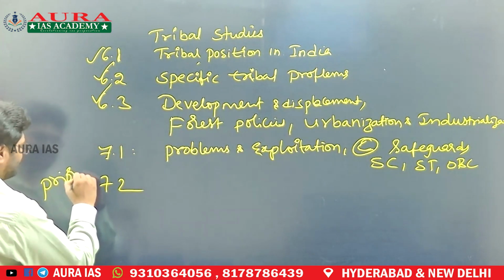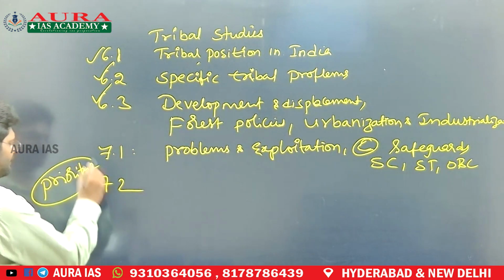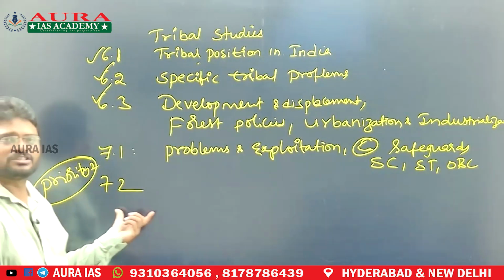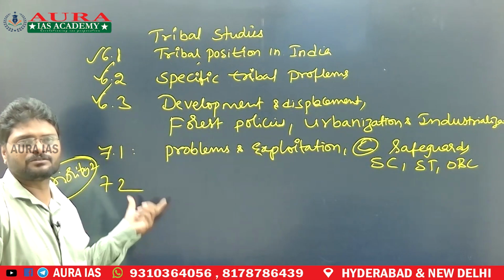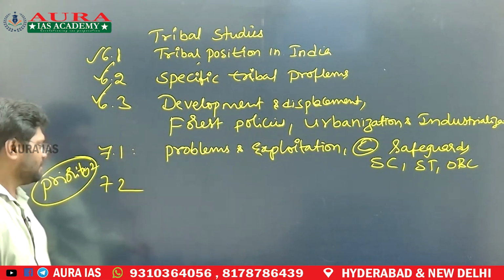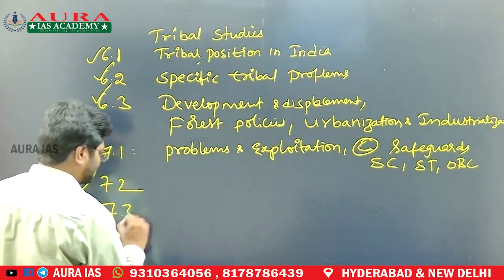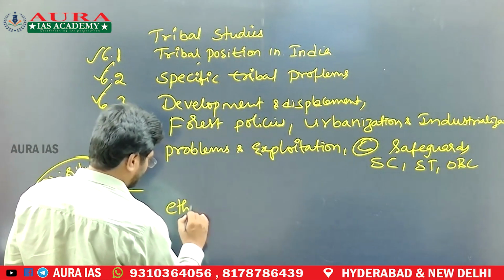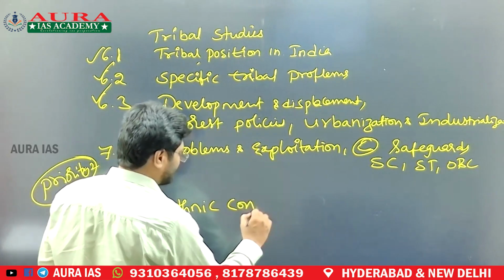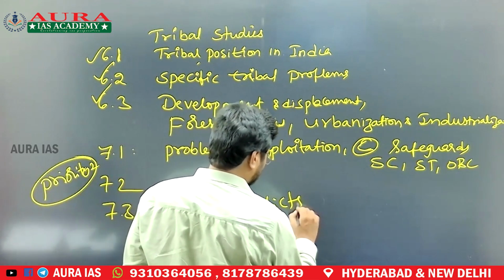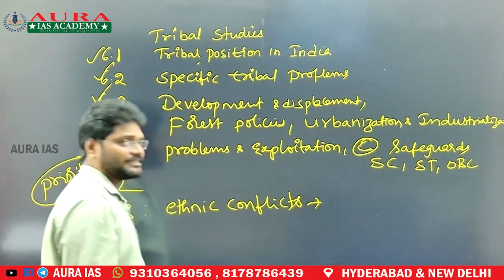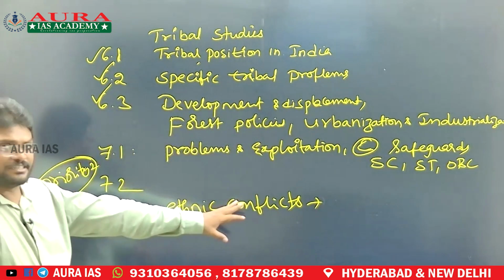Very vague questions come from this chapter. 7.1 is priority 1. 7.3, ethnic relations or ethnic conflicts, is priority number 1. You should not omit this chapter. Especially tribal conflicts, which you can study here.